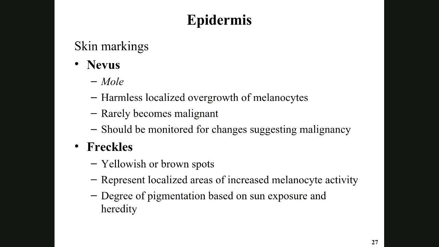We have some markings on the skin. One of these markings is called a mole or nevus. This is a harmless, localized overgrowth of melanocytes, and most of the time it's benign, not malignant, but we should always pay attention to changes in the size and the border of the mole.